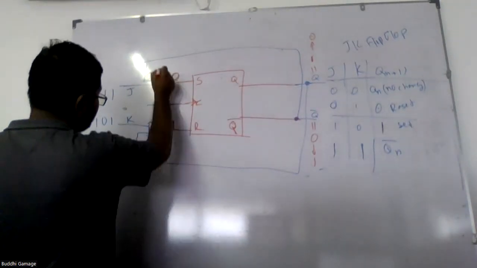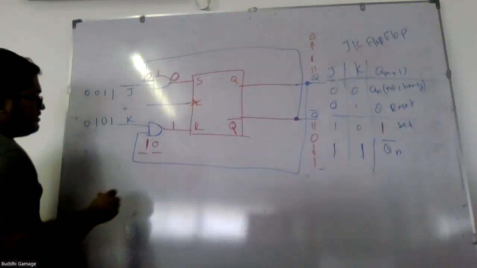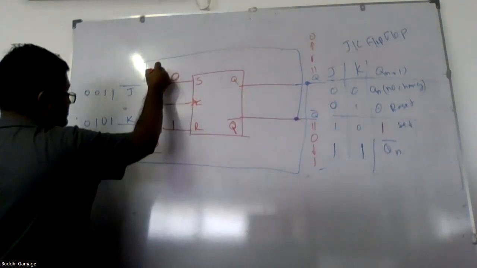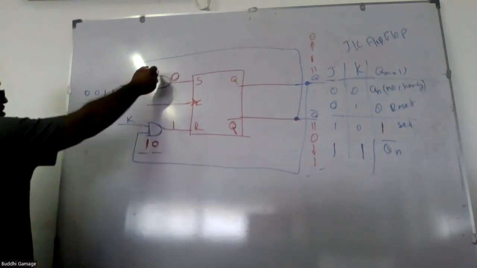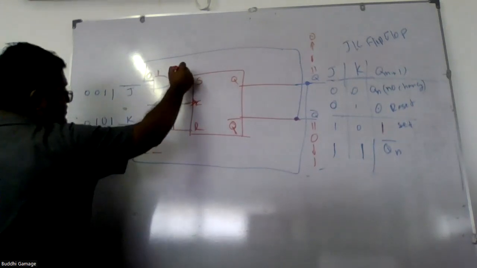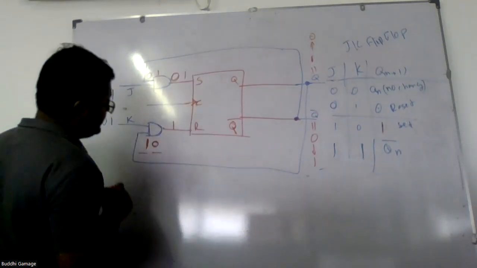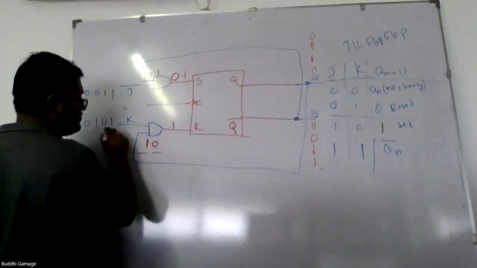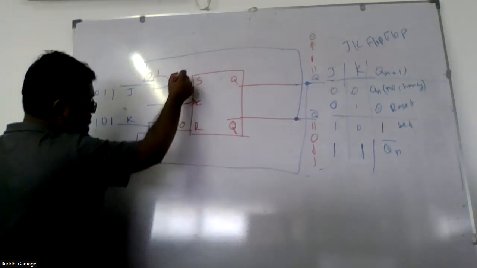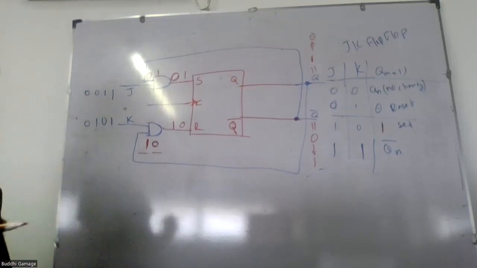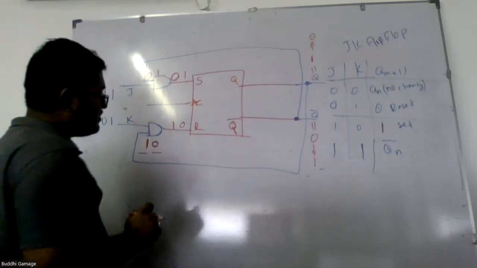Then let's consider this one. So this is 0 and this is 1. Now this is where it will occur 1, and this is where it will occur 0. So 1 0 means set state, right?